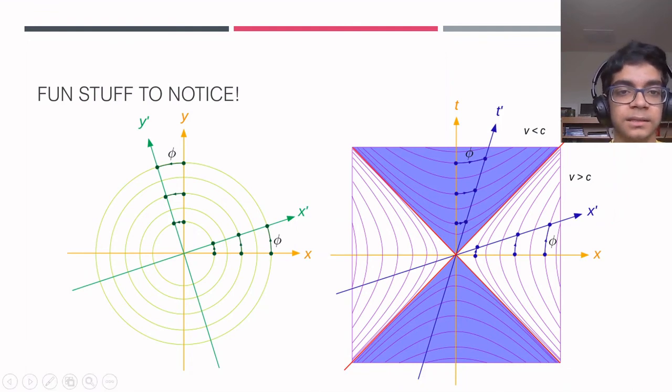And here, the x prime and y prime frames are represented by a simple rotation of the axes. However, if we take a look at our relativistic spacetime diagram on the right, instead of getting invariant circles, we get invariant parabolas, which sound cooler, have cooler colors, and are just slightly more unique.